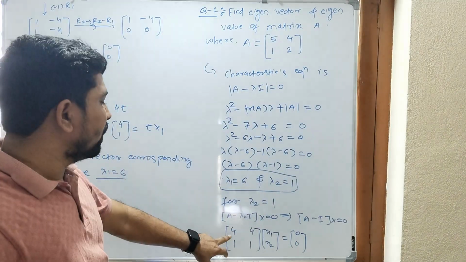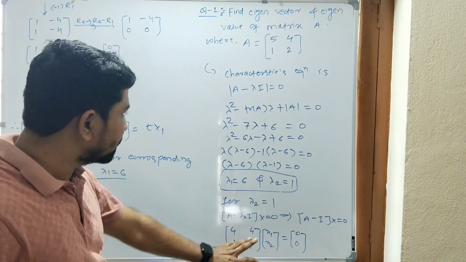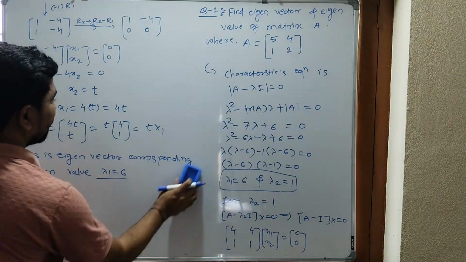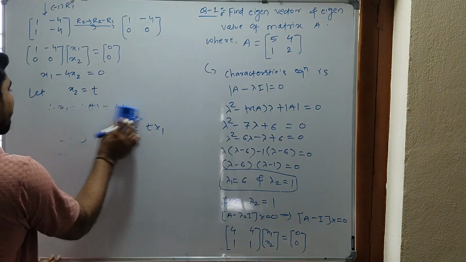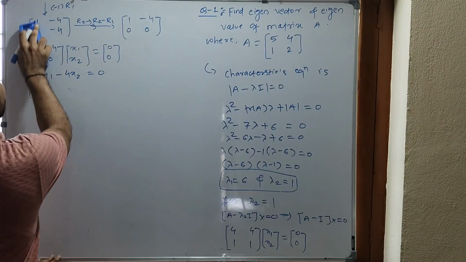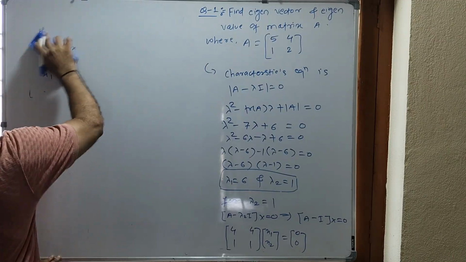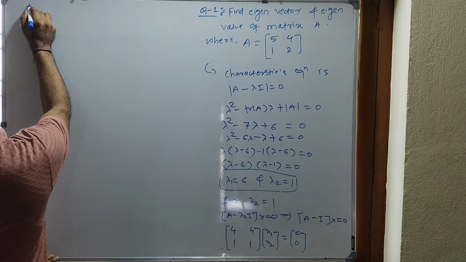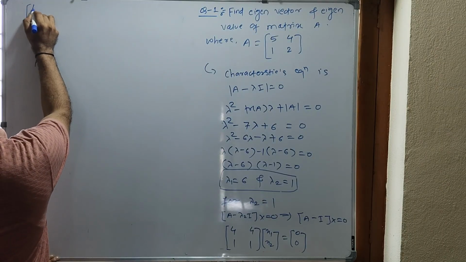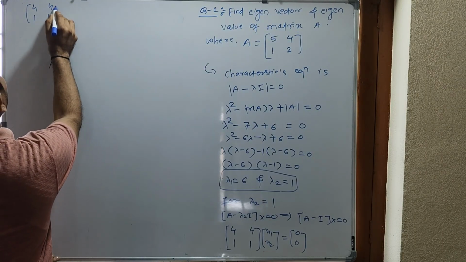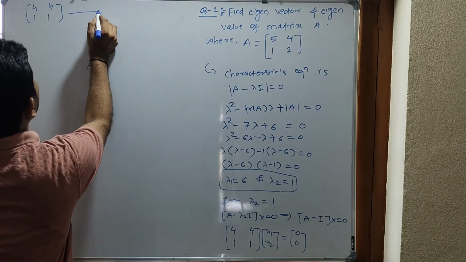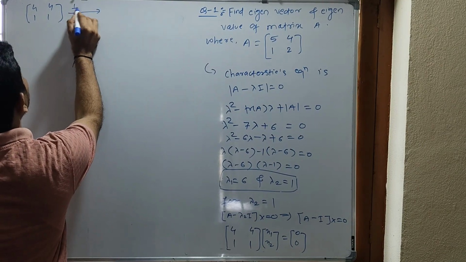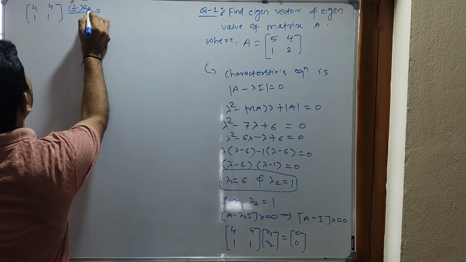Now again I want to convert this matrix into the echelon form. Here this is my matrix, 4 4 1 1. So I will apply the elementary operation, that is I divide the entire row R1 by 4.